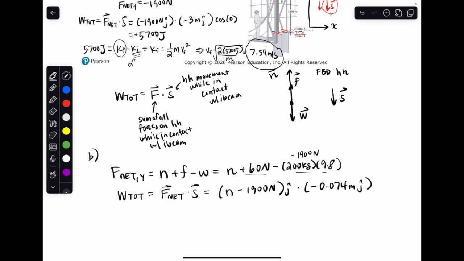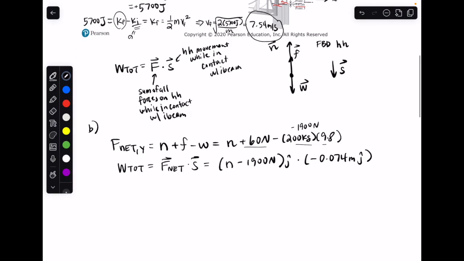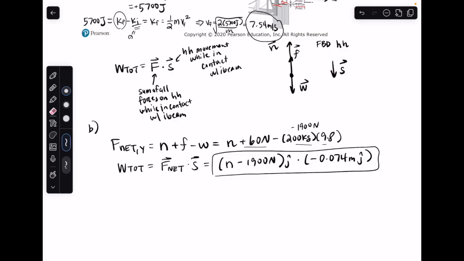It's pointing down. We're driving that I-beam down, and the net force direction should also be down, because in order to drive the I-beam down, we need that hammerhead to be moving down too. So let's leave it like this and not multiply it out yet.